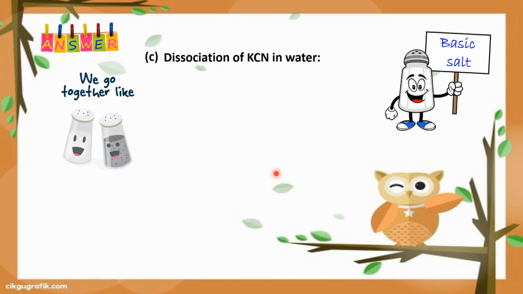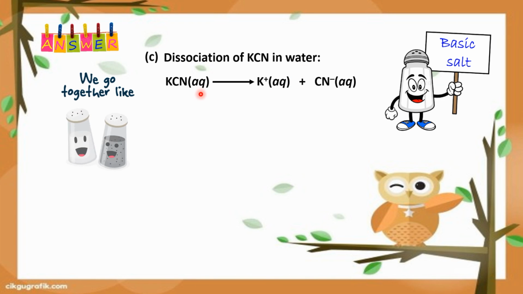Okay, and then for C, first we have to write the dissociation of KCN in water. KCN is in aqueous because the question mentions solution. So it is 100% ionized, so you have to use the forward arrow. It will form K plus ion and CN minus ion. Then we analyze both ions.